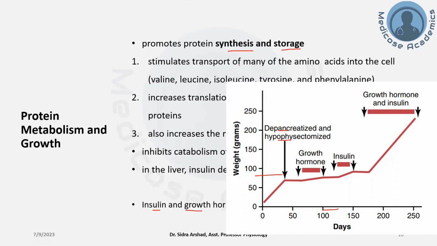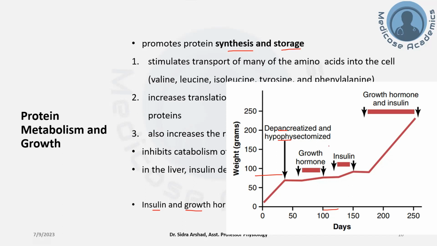As we have seen, insulin is an anabolic hormone involved in the synthesis of proteins, so obviously it is going to take part in the growth of an individual. In this rat, once the pancreas and the anterior pituitary had been removed, exogenous growth hormone and insulin were administered at certain points. When growth hormone was administered alone, it did not cause much increase in the weight of the rat.